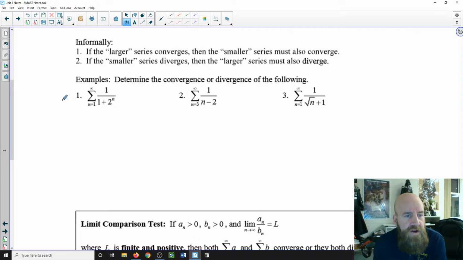So we're going to compare that. Right at the beginning, what I like to do is say the series 1 over, well, we need to think about which one's going to be smaller. So 2 to the n is going to be the comparison, okay?